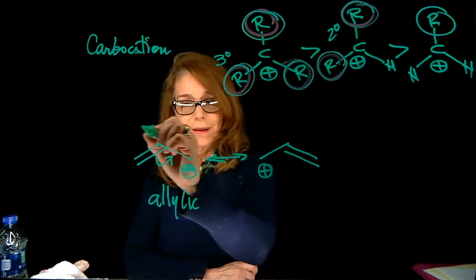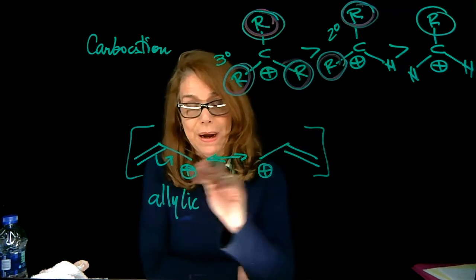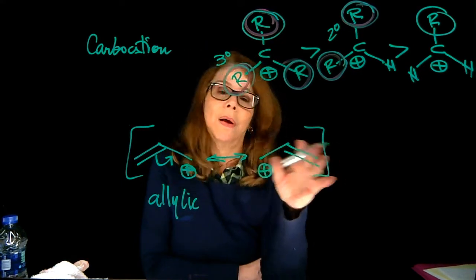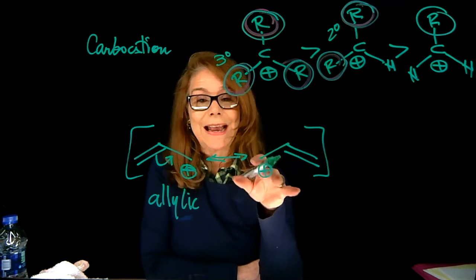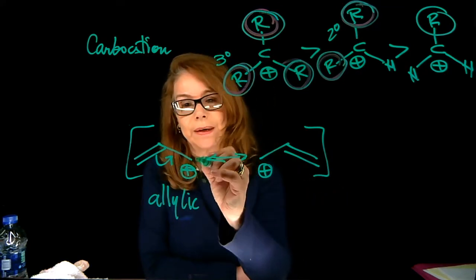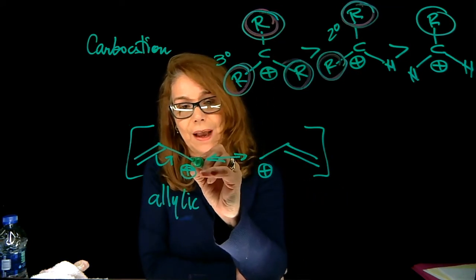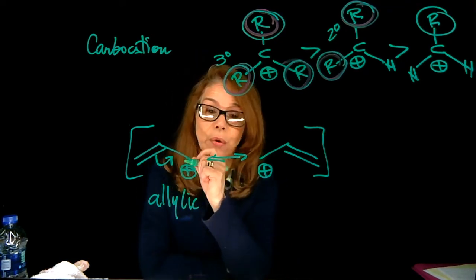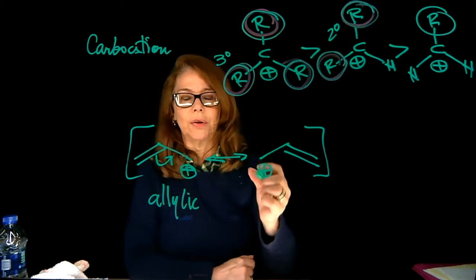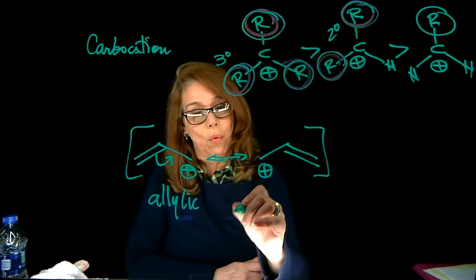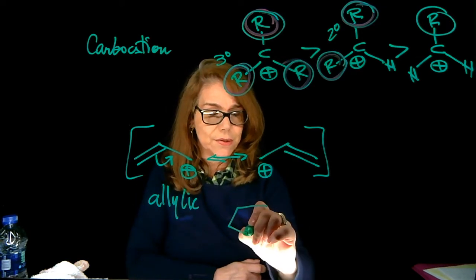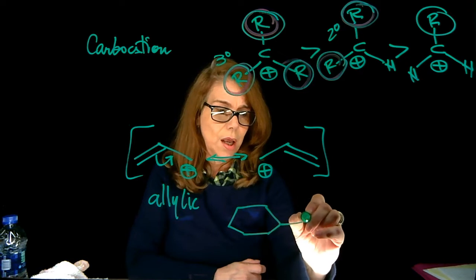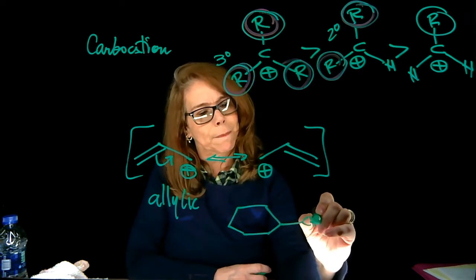And now this carbocation, by stabilization via resonance, is very reactive, despite the fact that it's primary. Notice that where the positive charge is, we have only 1 group. So it's very reactive.